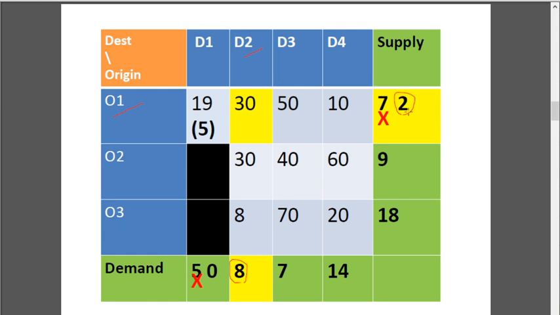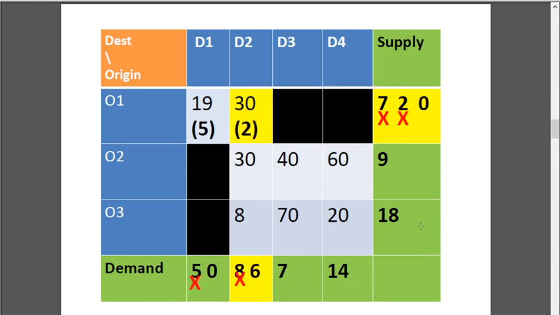From the 2 units available at origin 1, I can give only 2 units to destination 2. I cannot give all 8 units. So, from 2 units, I will give 2 units to destination 2.